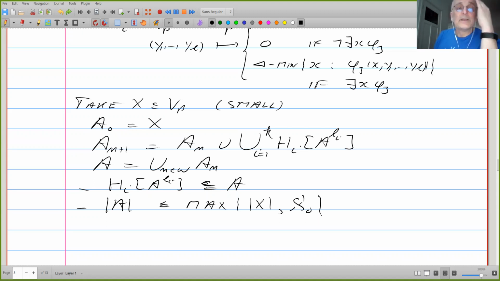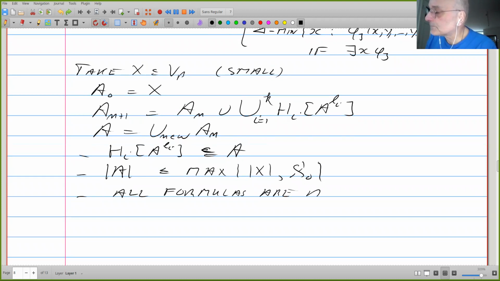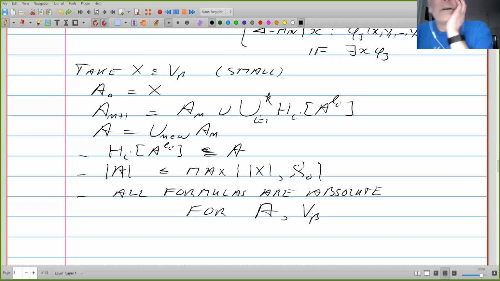If X is infinite, then every one of the A_n's has the same cardinality as X, and so the cardinality is aleph 0 times the cardinality of X. And all our formulas are absolute for the pair A, V beta.